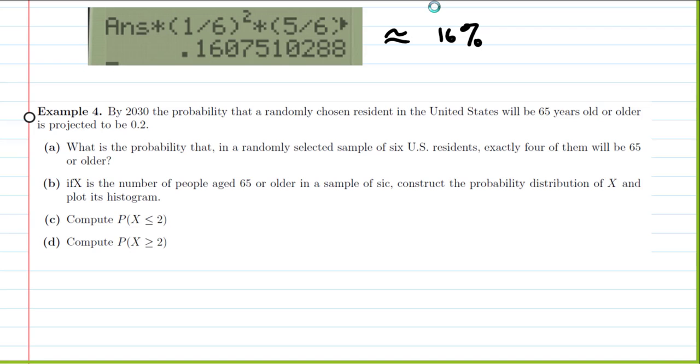What is the probability that in a randomly selected sample of 6 U.S. residents, exactly 4 of them will be 65 or older?